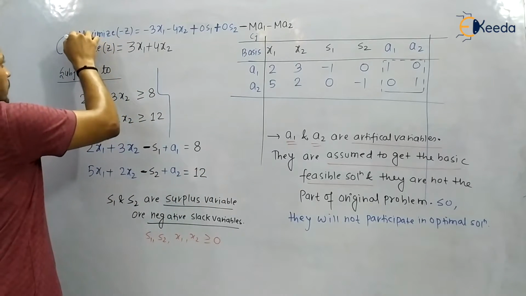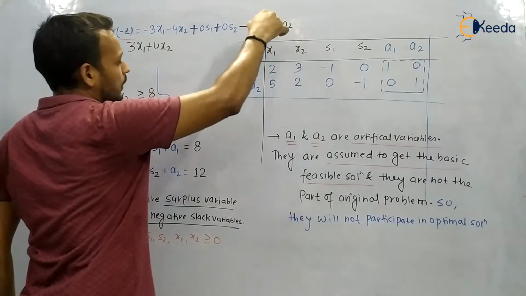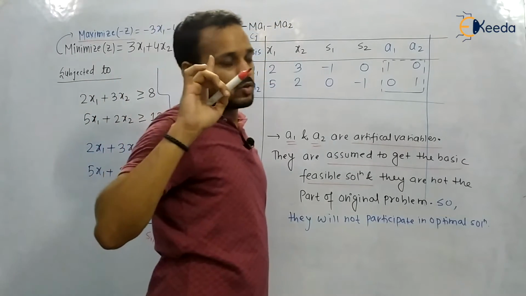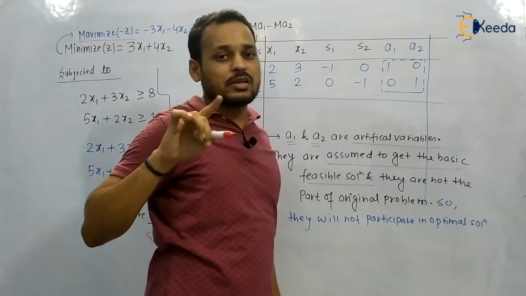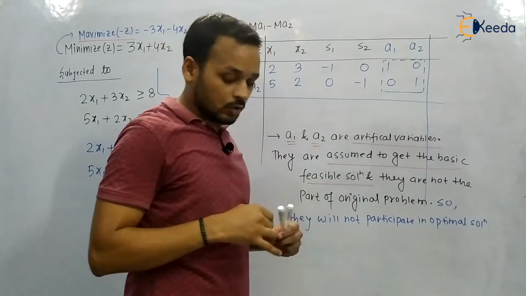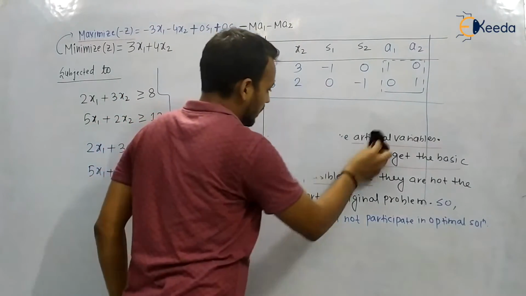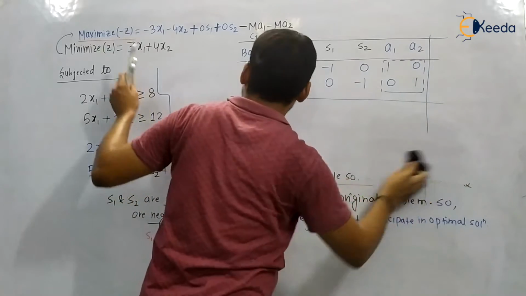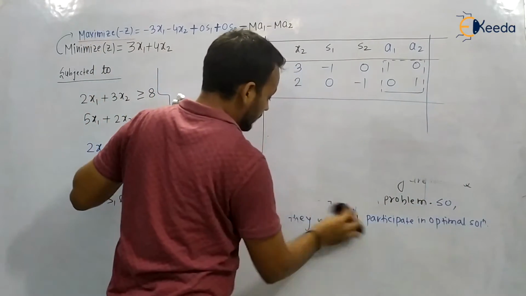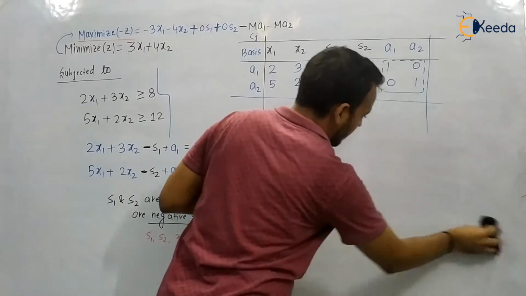Because it is of maximization type. If it is of minimization type, then it will be plus m. This is the rule: the coefficient of an artificial variable is plus m or minus m. Minus m, because we have converted the sign of z to minus z.